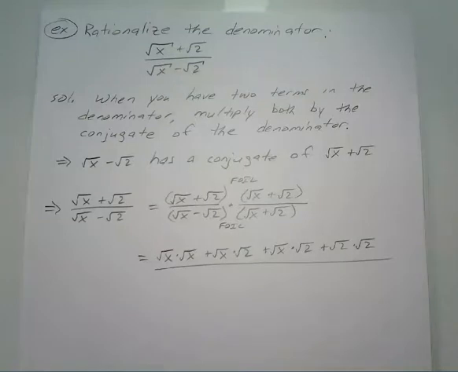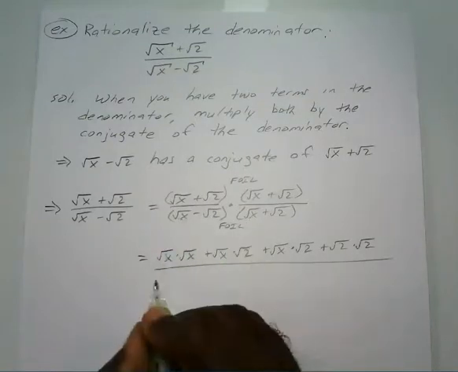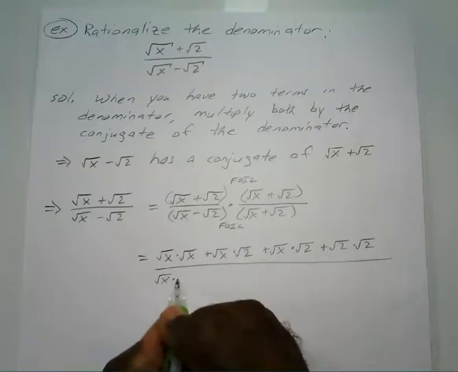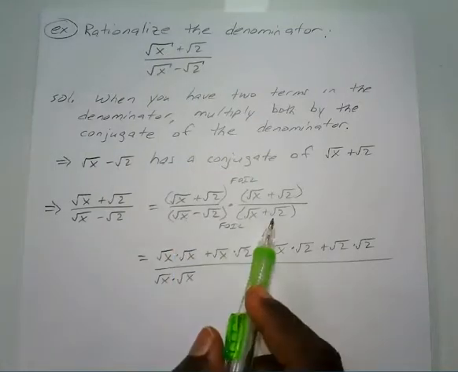Okay, so that's over. Do the same thing, FOIL down here, square root of x times square root of x. Now you have your outer, which is square root of x times square root of 2.